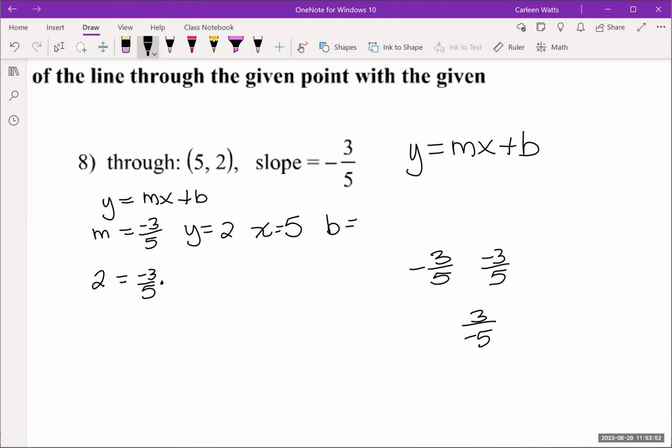In this problem, no. In slope, it matters because if you put it on top, it'll go this way. If you put it on the bottom, it'll go this way. And you'll still get the correct line. Okay, you with me? Yep.